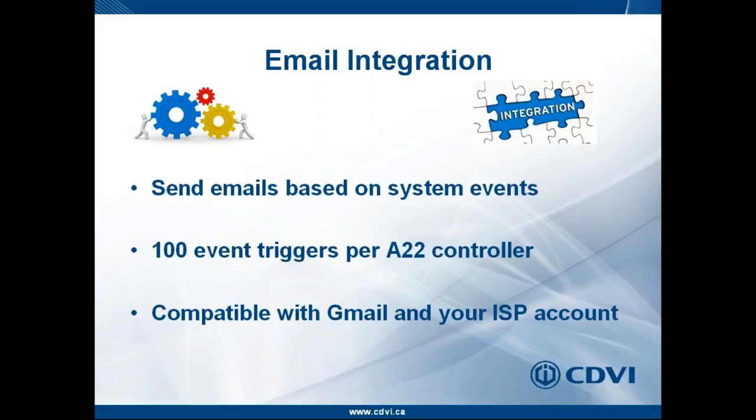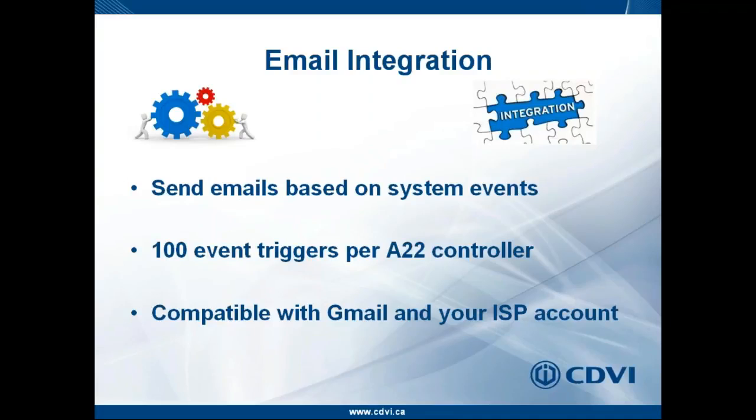So you can use these events to trigger an email, and you can send it to 3 different email addresses. You can have up to 100 different triggers per controller. We saw a bit earlier there were several controllers, each one had expanders in that system architecture.